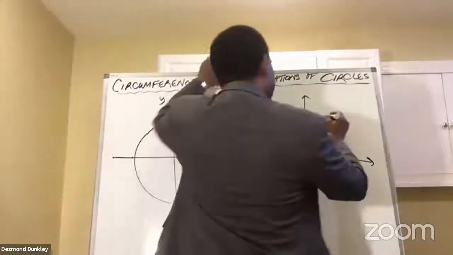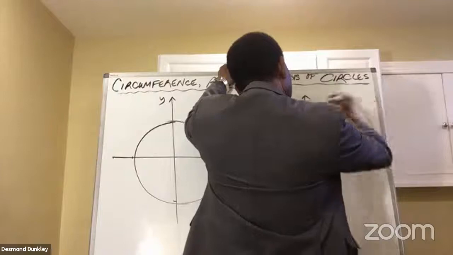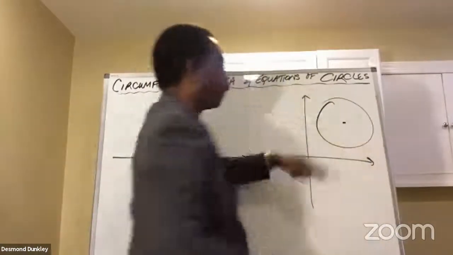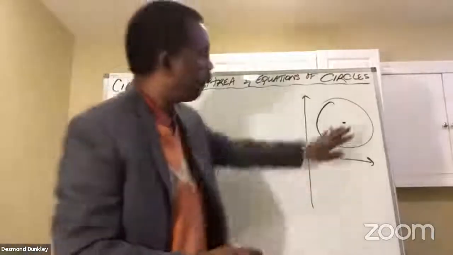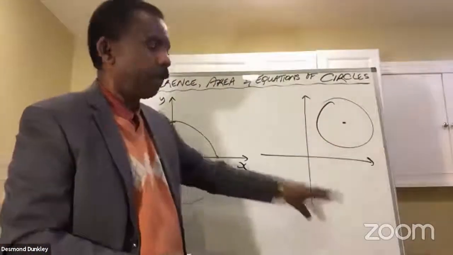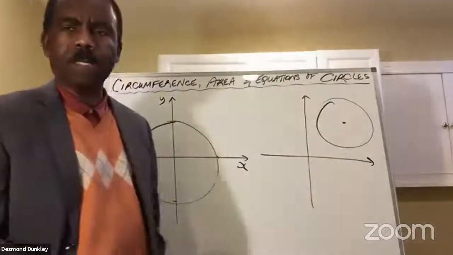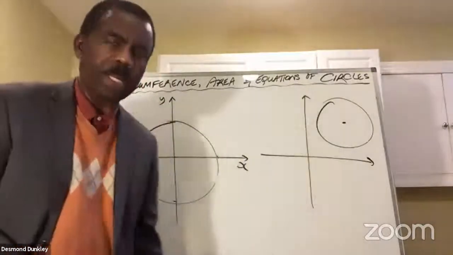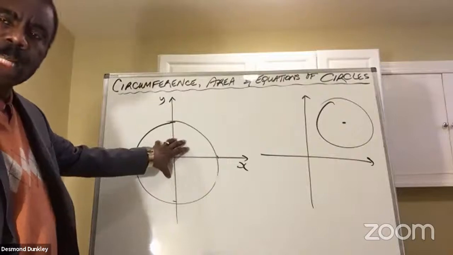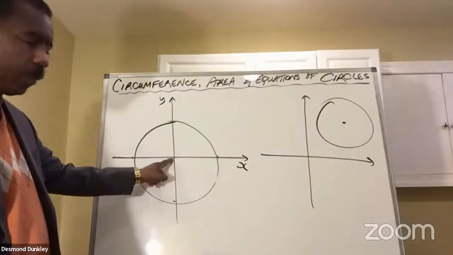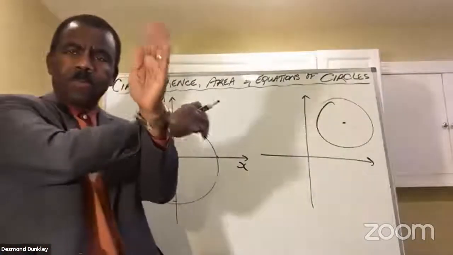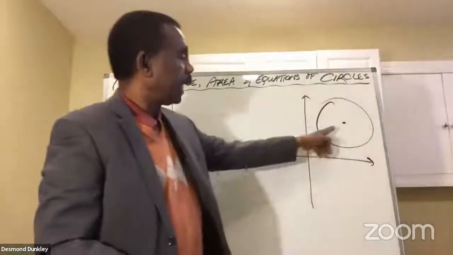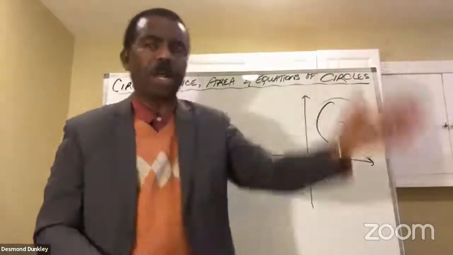And another version could be where the center is somewhere in the coordinate plane, whether in the first quadrant, the second, the third, the fourth, or somewhere in between. Okay, it could be on the axes. So these are the two situations we have. One, when the center is at the origin, where the two axes intersect, or the center is somewhere else on your graph.